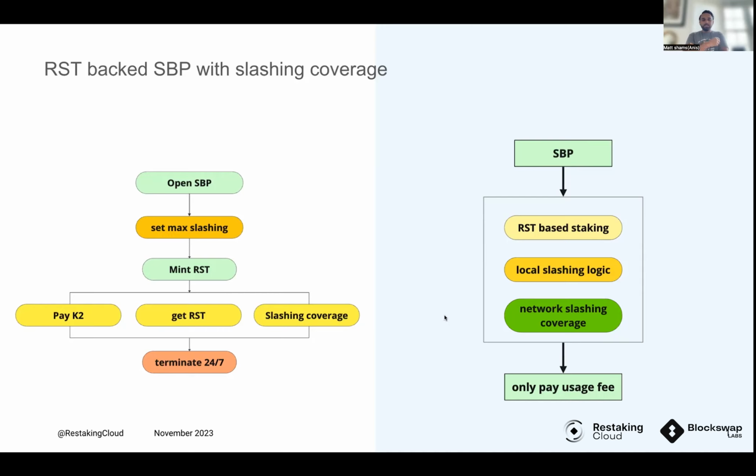So you open a slashing, you set this maximum slashing for liveness and corruption. You can have up to 0.5 and 5 for liveness and corruption. Now you set whatever maximum you need, and I'd say 0.3 per event for liveness and 4 for corruption.